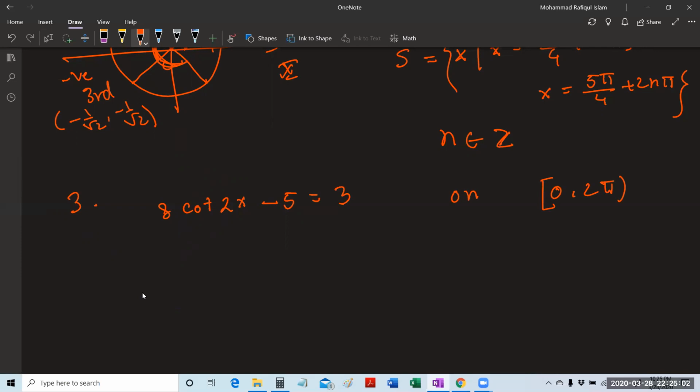Same as before, 0 included, 2 pi excluded. So let's start with the given equation. 8 cot twice x minus 5 equals 3. We can add 5 to both sides.